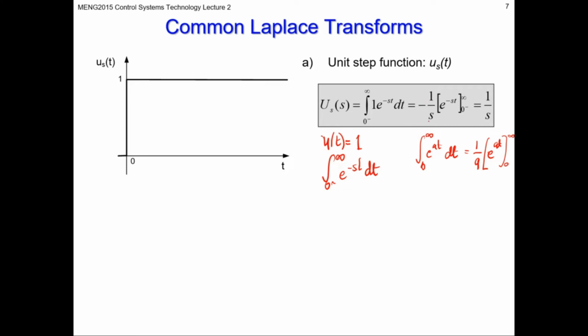So we end up with this as a constant at the front, minus 1 upon s times e to the minus st between 0 and infinity. Right?